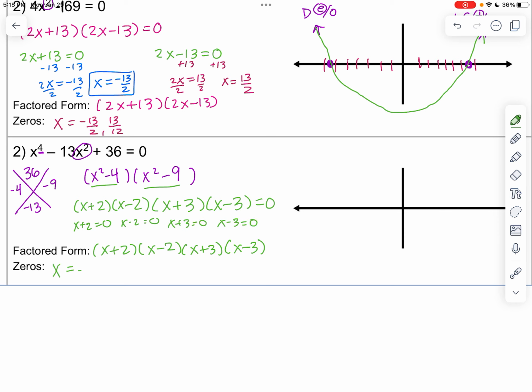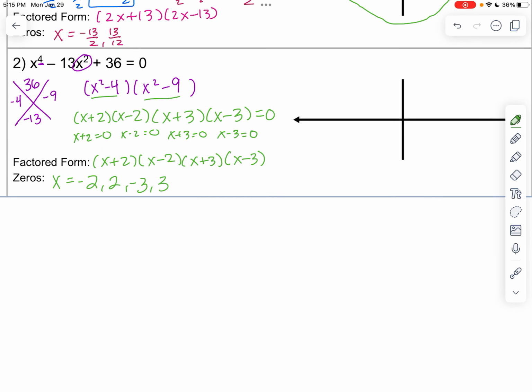We get x equals negative 2, positive 2, negative 3, and positive 3. This one has 4 roots, and all 4 show up on the x-axis because they're all real. And that matches that this has a degree of 4. We've got 2 and 3 and negative 2 and negative 3.